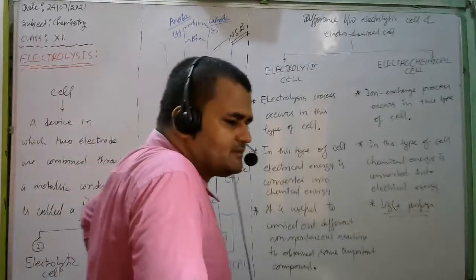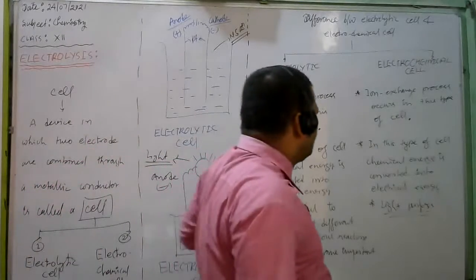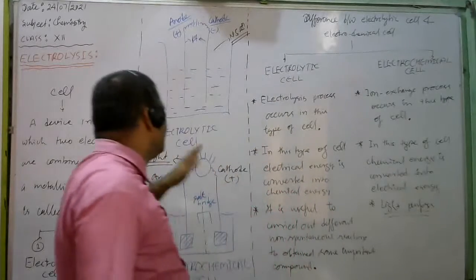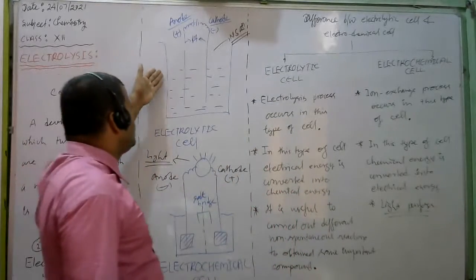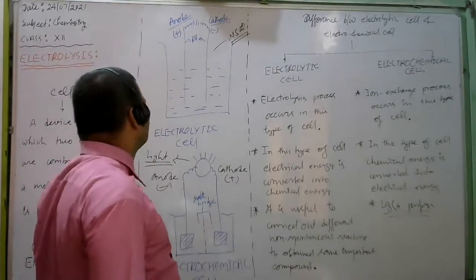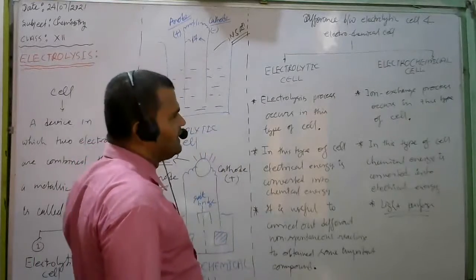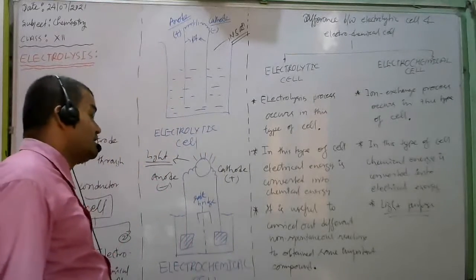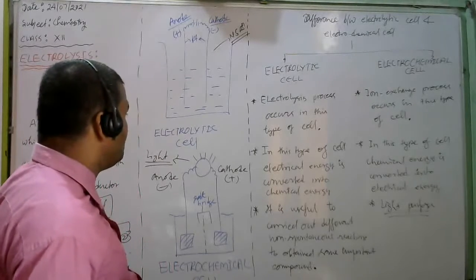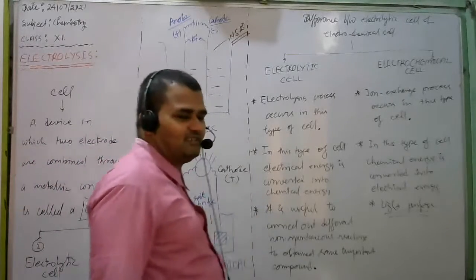Dear students, in the electrolytic cell, you are looking at the cathode as the negative pole and the anode as the positive pole, and for energy one battery is used, and you can say that this type of battery is one type of electrochemical cell, right?